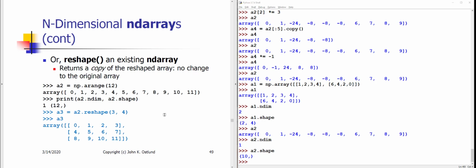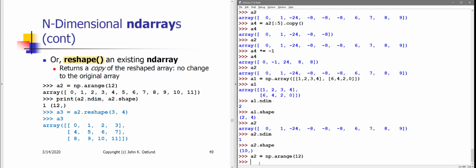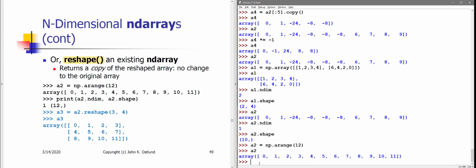Now, another way of creating a multidimensional ND array is to start with a one-dimensional ND array and then reshape the array with the reshape function. So that's what's going on in this example on slide 49. I'm going to start out with A2 being an ND array created from arange 12, so that's going to be the values 0 through 11.